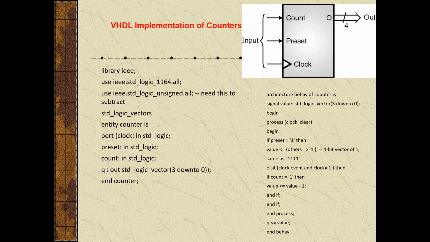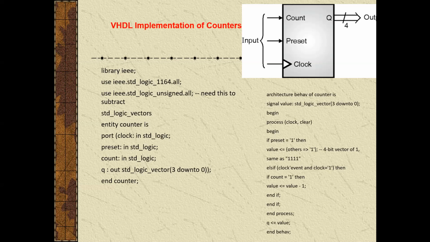If this condition is not met, reset is not 1, then if a clock event is also there and clock is 1, then whatever the count is, the value will be assigned value minus 1.